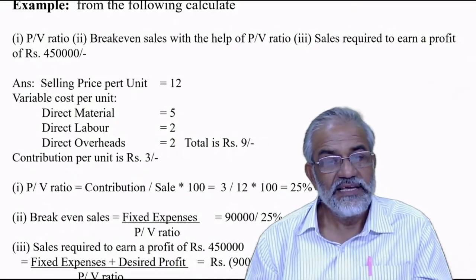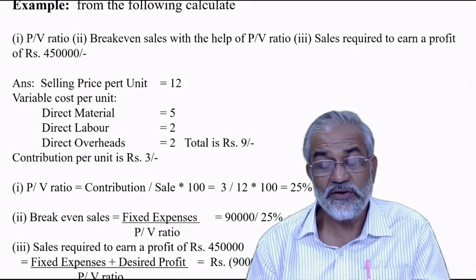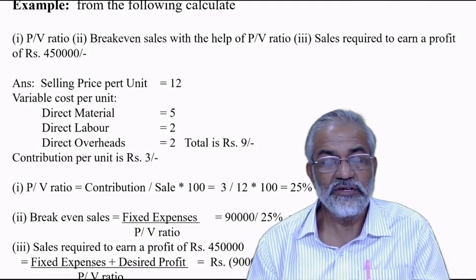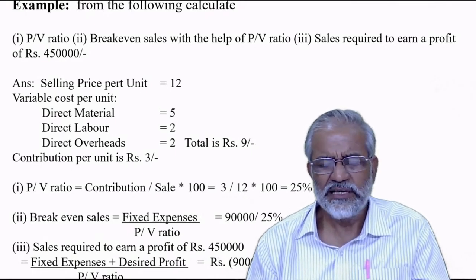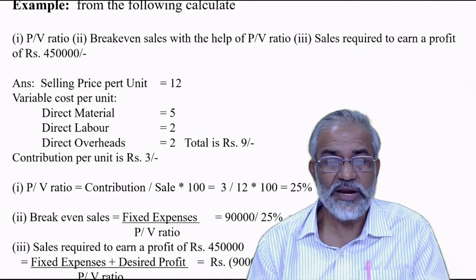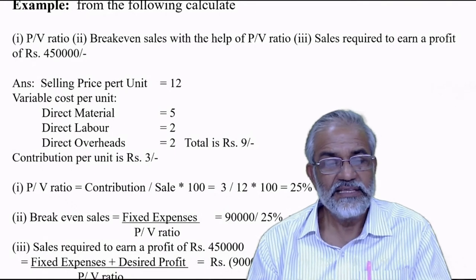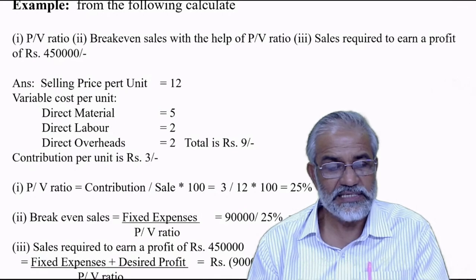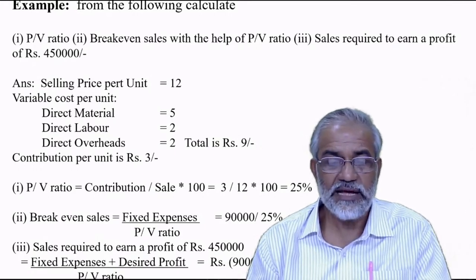And the sales required to earn a profit of rupees 4,50,000. If we desire an amount of 4,50,000 in our hand, then what should be the volume of sales or the amount of sale proceeds? In that case, the desired amount of profit has to be simply added to the fixed expenses and the whole has to be divided by PV ratio, and the result would be the sales required to earn the desired amount of profit.